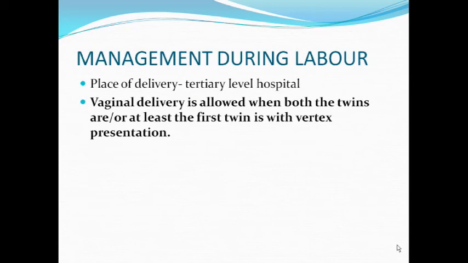During labor, the place of delivery should be a tertiary level hospital. Vaginal delivery is allowed, but at least the first twin should be vertex presentation; only then should you allow vaginal delivery.